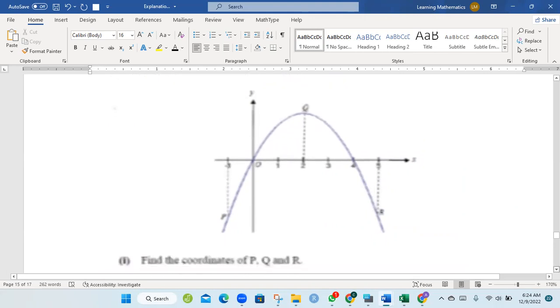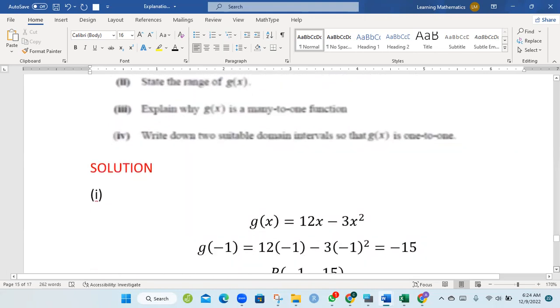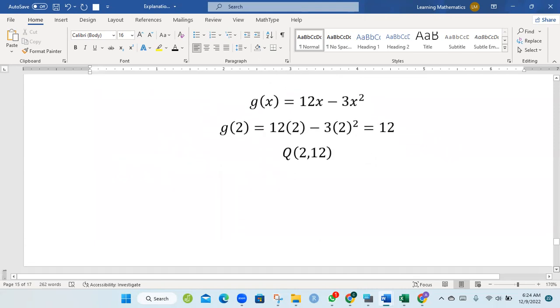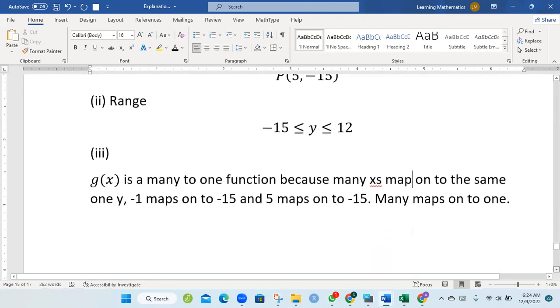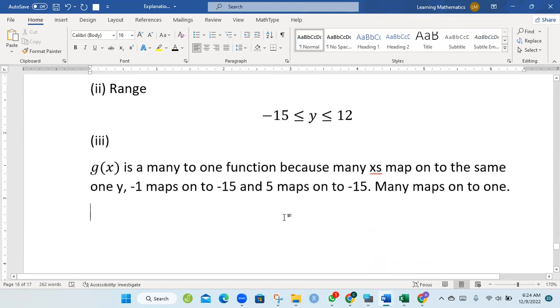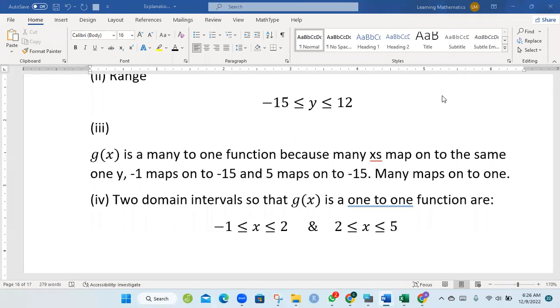So x between negative 1 and 2 will give us a domain of a one-to-one function, and from 2 to 5 we'll get another domain of a one-to-one function. So 2 domain intervals so that g of x is a one-to-one function are x between negative 1 and 2 and x between 2 and 5.